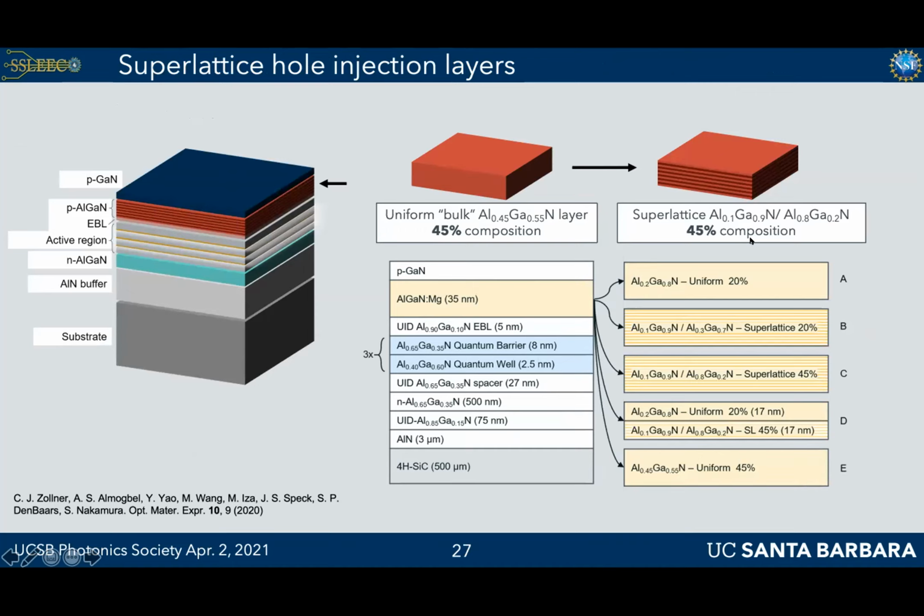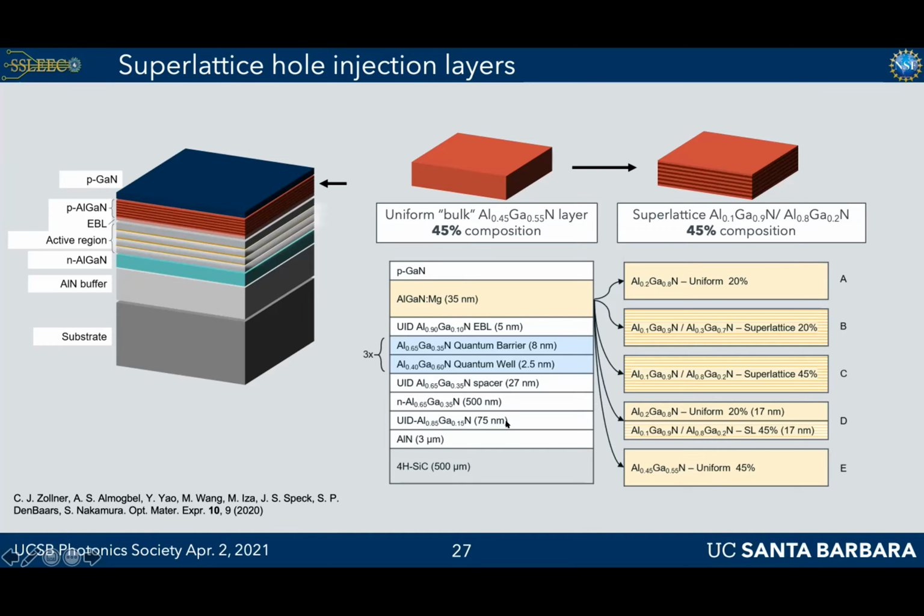We want to be able to make comparisons without changing our average composition too much. So when I say a 45% composition layer, that could mean it's actually a 45% alloy, or it's a superlattice with two different alloy fractions that average out to 45%.